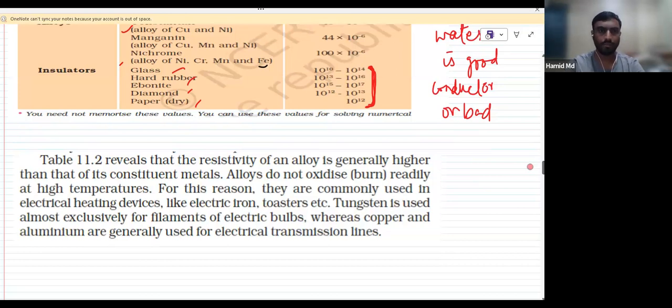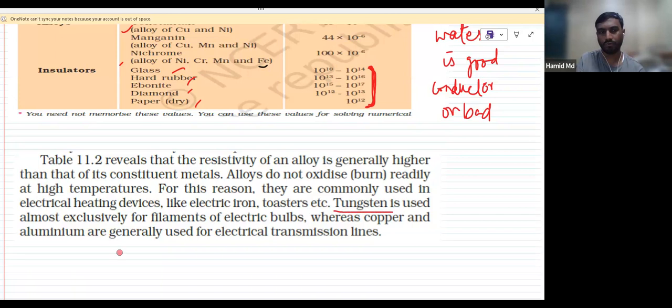So there is some more discussion. The table reveals that the resistivity of alloys is generally higher than that of their constituent metals. Alloys do not oxidize or burn readily at high temperature. For this reason, they are commonly used in electrical gadgets, such as electric iron and toaster.